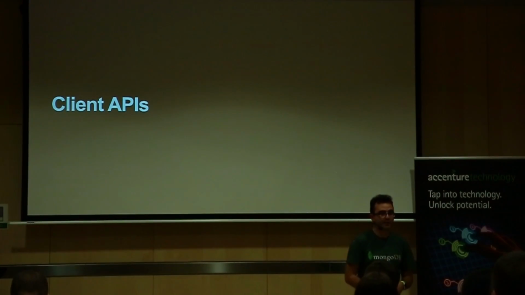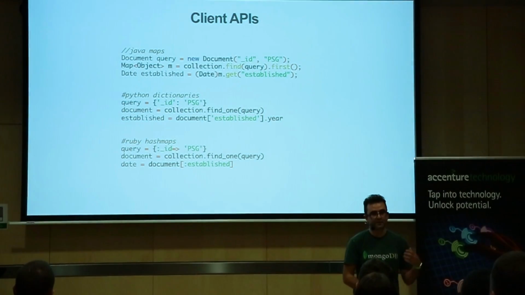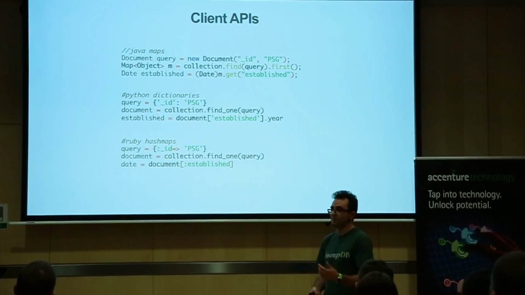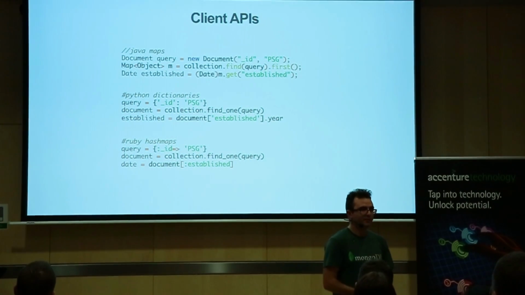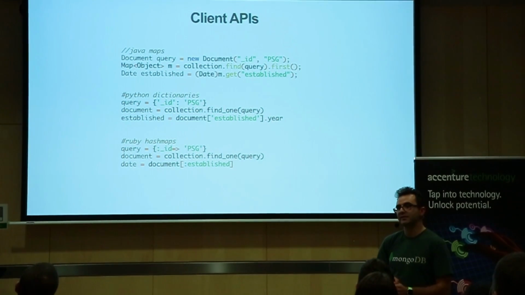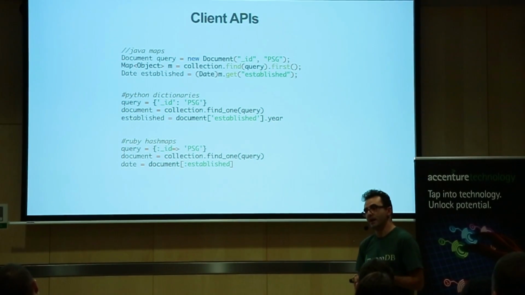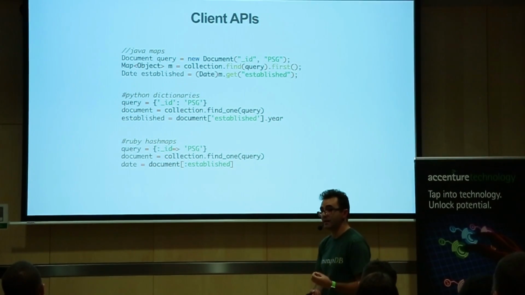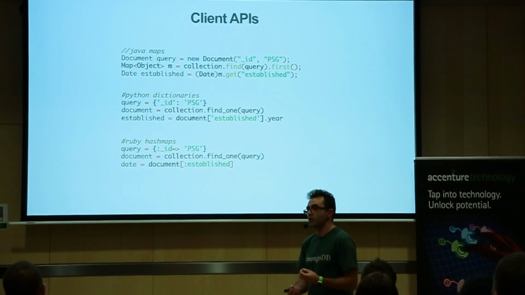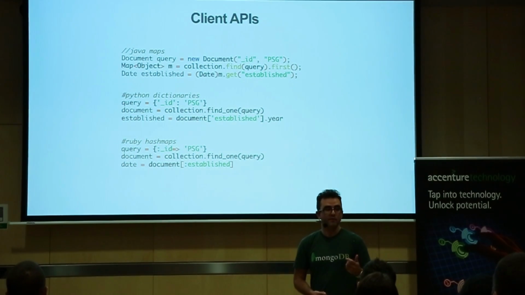And obviously, examples of client APIs: you can do it in Java, you can do it in Ruby, you can do it in Python, and they all look very alike. The good thing about it is that we focus on making sure that we use your idiomatic characteristics, the syntactic sugar of your language. You shouldn't have to learn a new language.